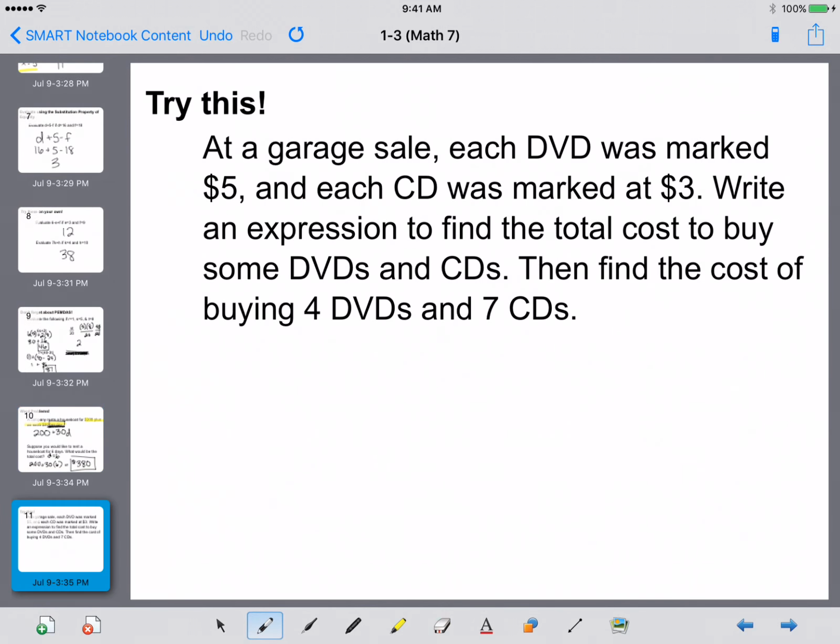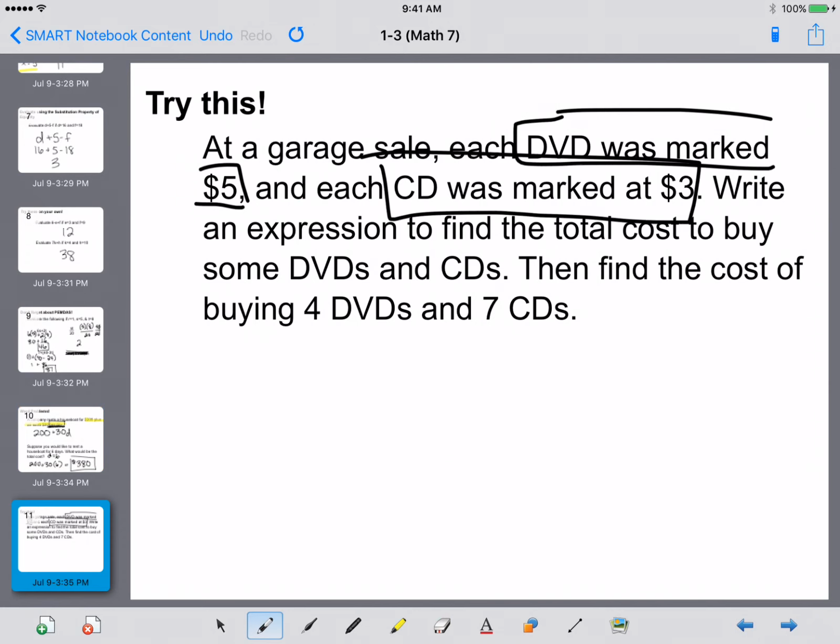So here I want you to try this one. You're going to write the equation and then find the cost of buying the 4 DVDs and 7 CDs. So each DVD was $5, so it's $5 per DVD if you want to think about it that way. And it was $3 per CD.